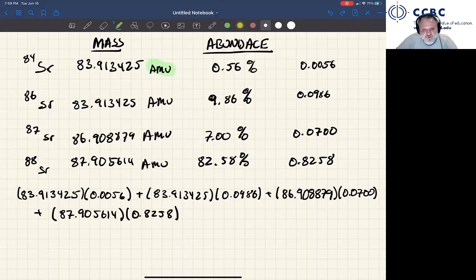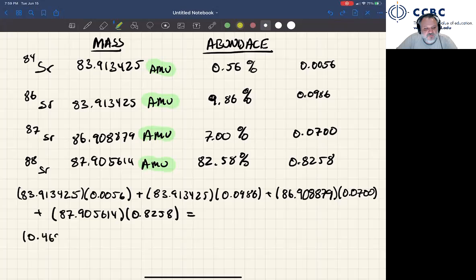As I said, I'm going to make sure all of these masses are in AMU, so I know that at the end of the day my results are going to be in AMU. It's just a little cleaner for this particular solution to keep the units off to the side so that I can deal with the significant figures as we go along. So let's do the interim calculations, the multiplication in each step.